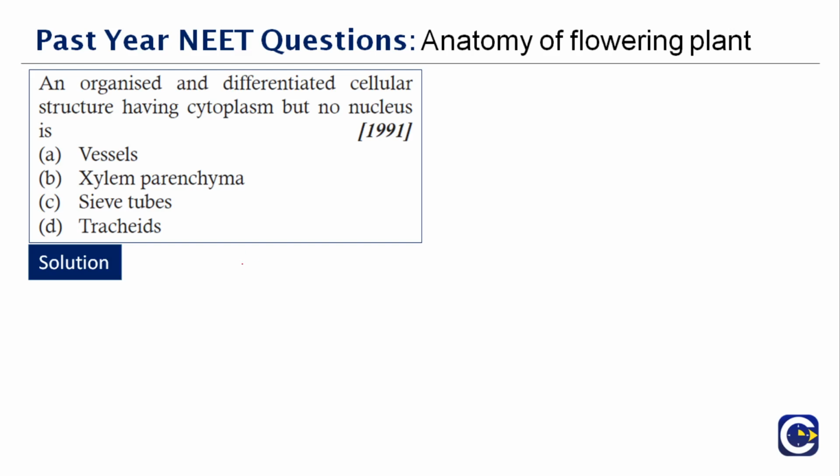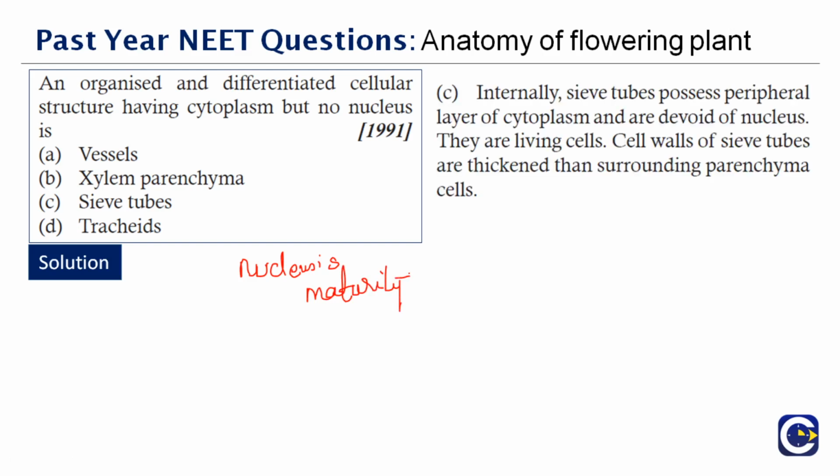There is a cell in which the nucleus will disappear at the time of maturity. Where did we see it? We saw it in sieve elements, not in companion cells. If you remember that, it will be easy to answer. Yes, the correct answer is option C, sieve tubes.